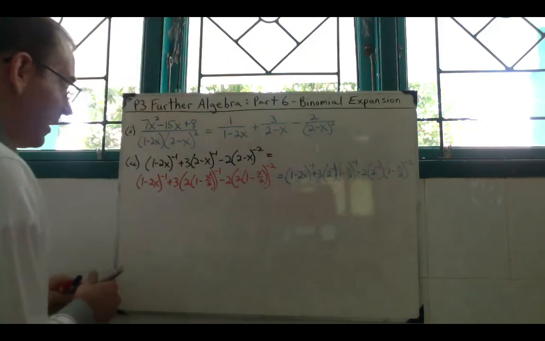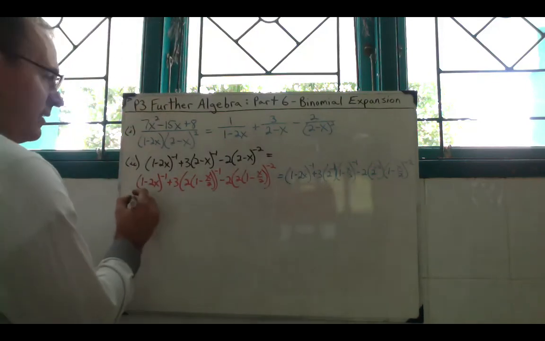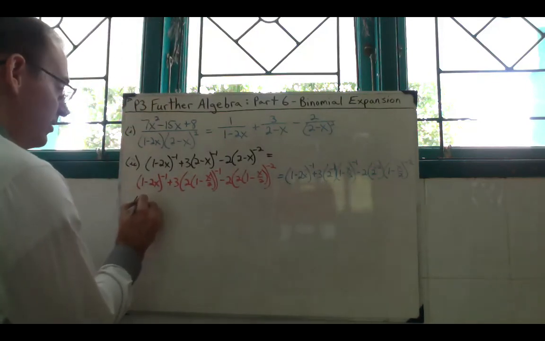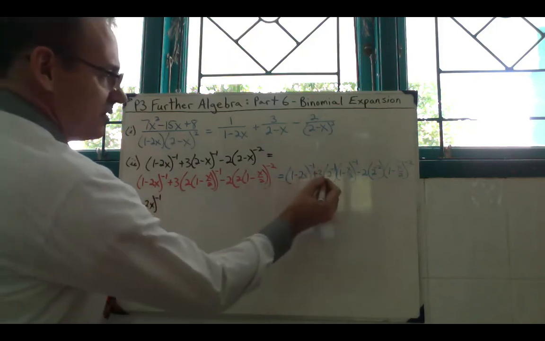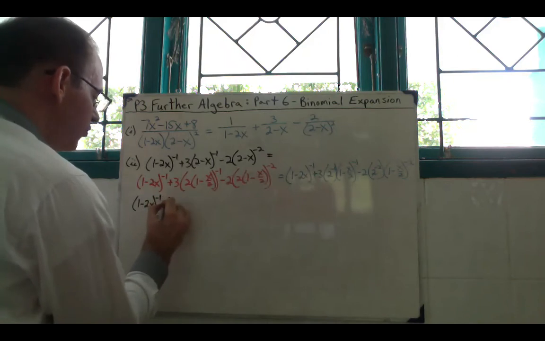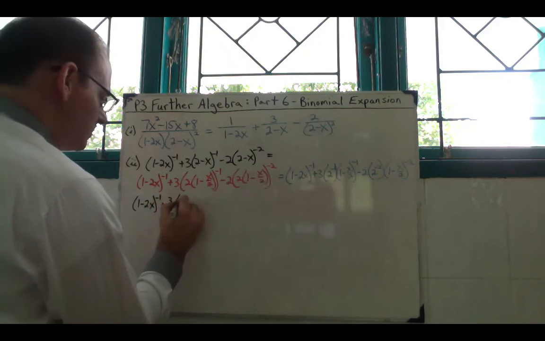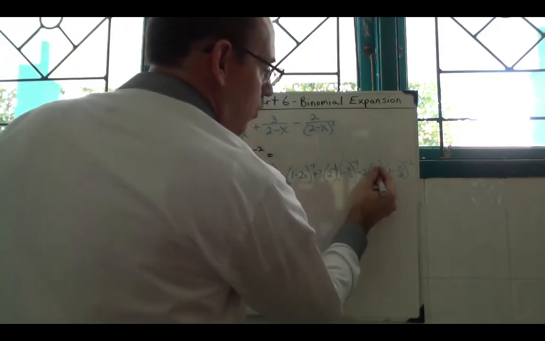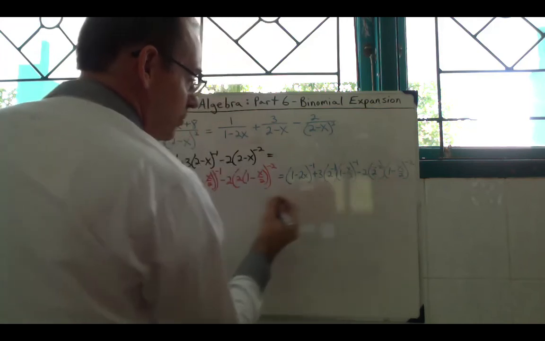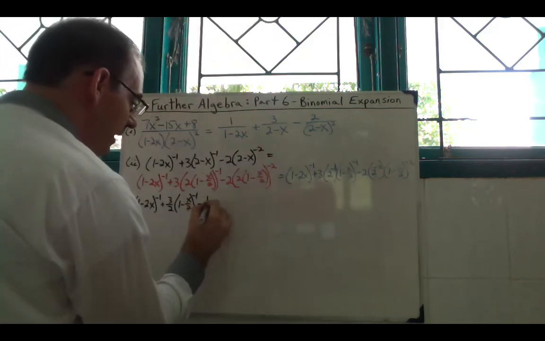So simplifying our coefficients in the front gives us, that one is already simplified. This is a 3 over 2. And this is a 1/4 times 2, which is a negative 1/2.